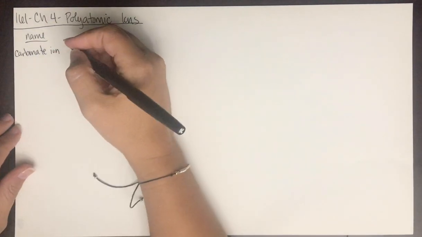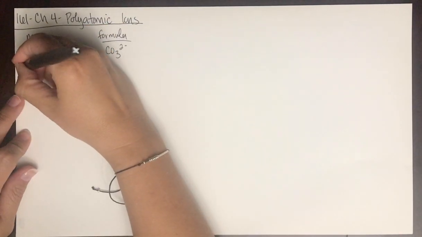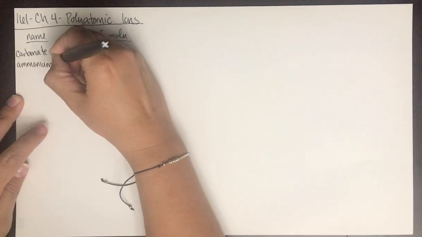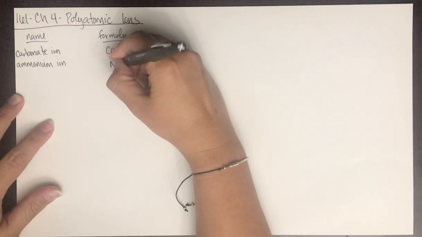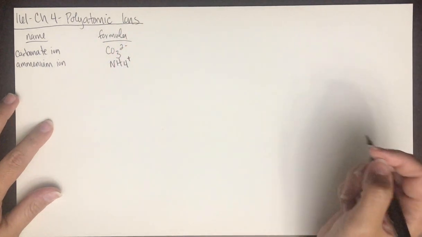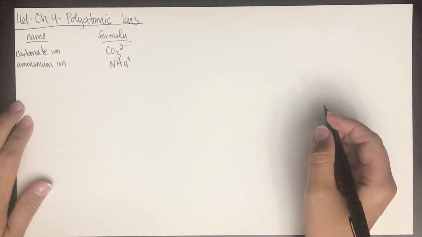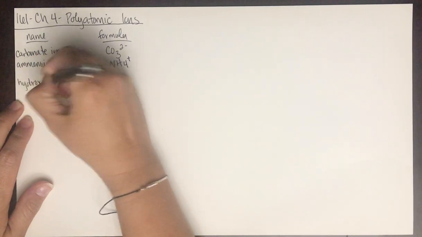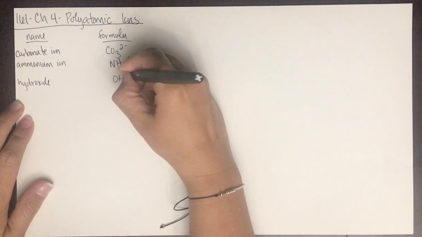The next is called the ammonium ion. The ammonium ion is NH4+1. The next one is called the hydroxide ion. Hydroxide is OH-.